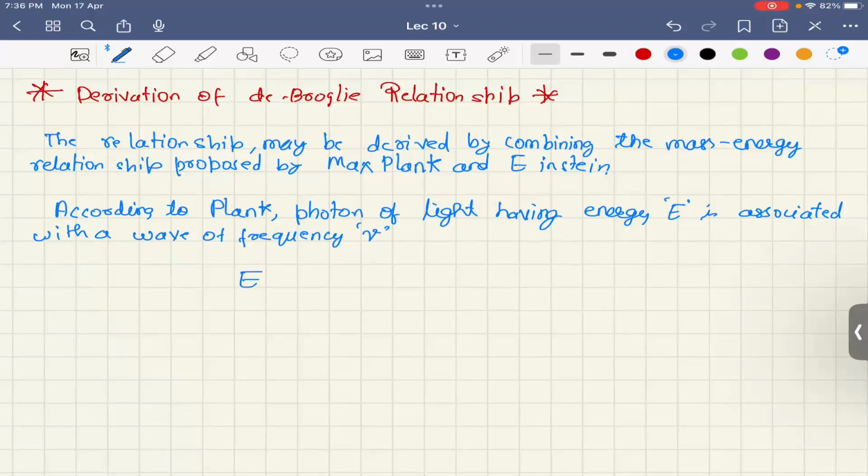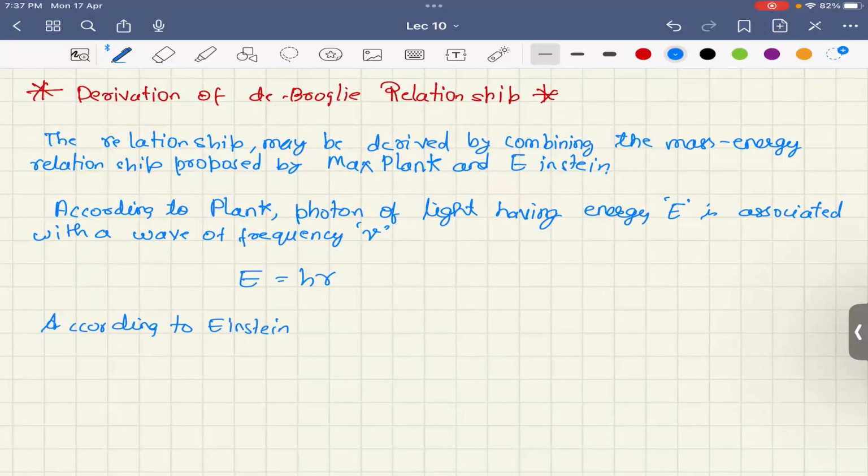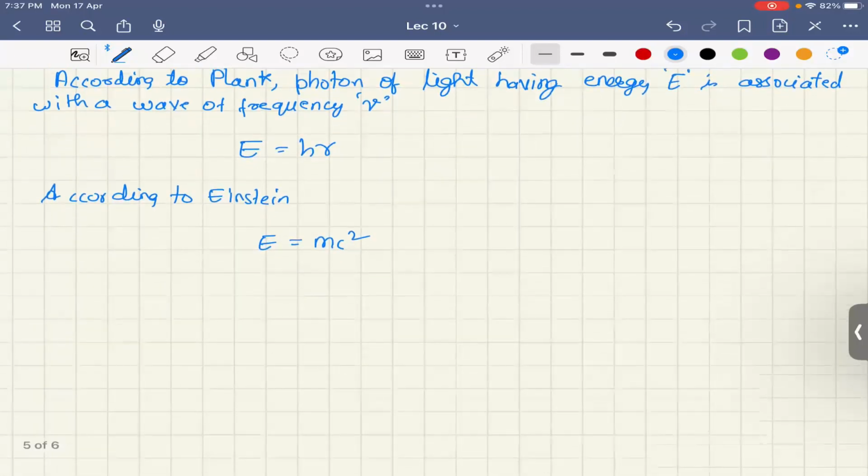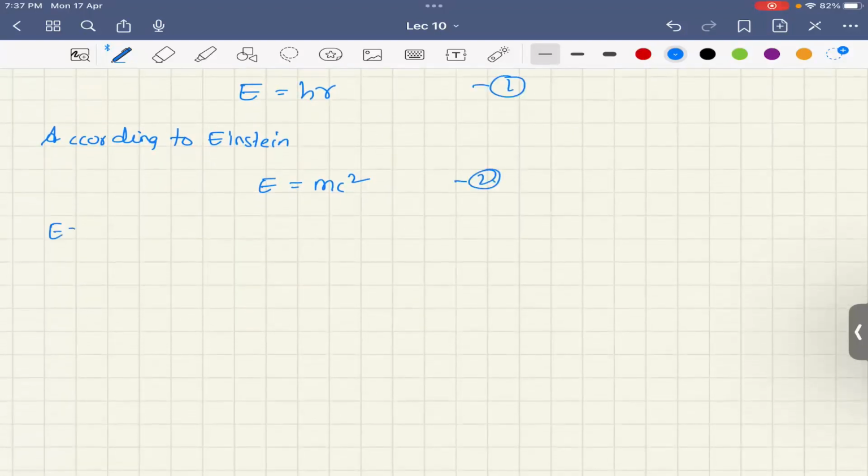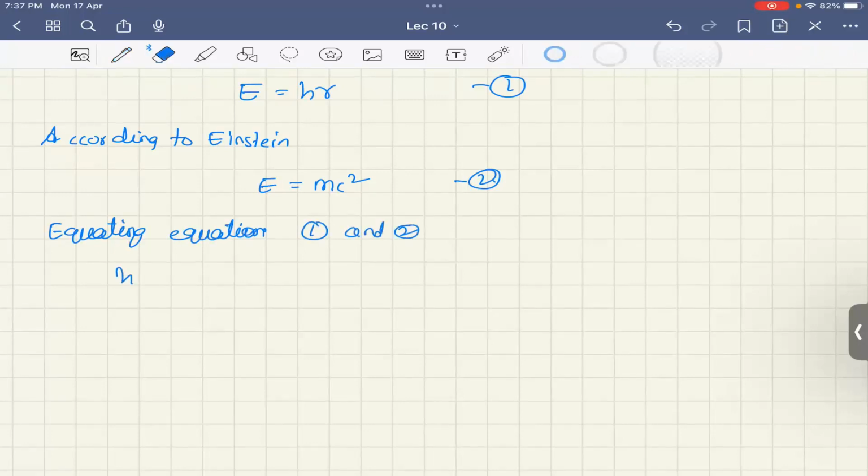And this energy is E equals h nu. Whereas according to Einstein, the energy would be E equals m c square. But the energies are the same, right? That means equating equations 1 and 2, we get h into nu is equals to m c square, right?